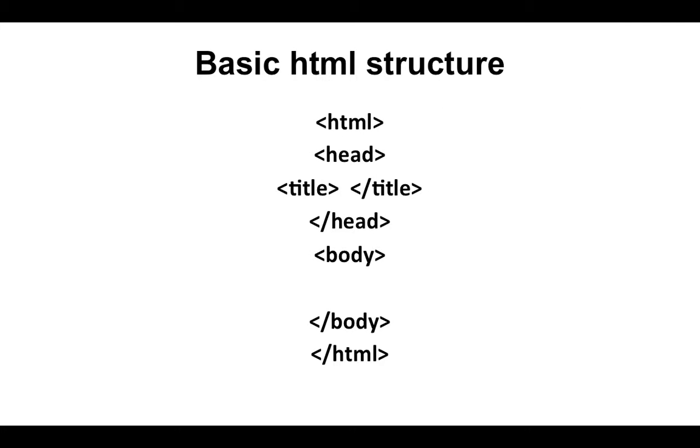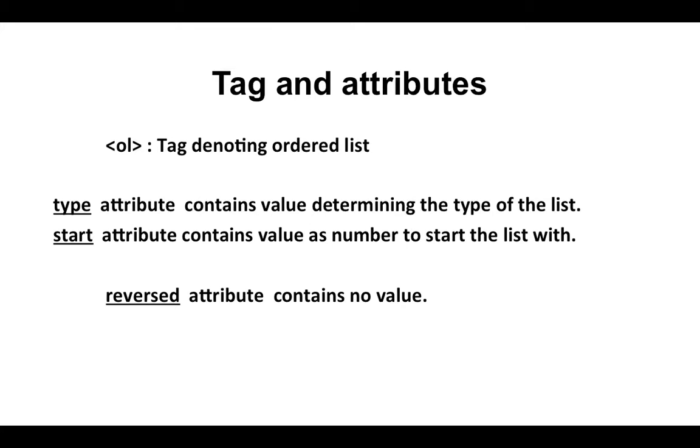This is your basic HTML structure. By now all of you have to be aware of it. The HTML, head, title, body, when the tag is opening and when the tag is closing. Now I'm taking this example of the ordered list, OL.